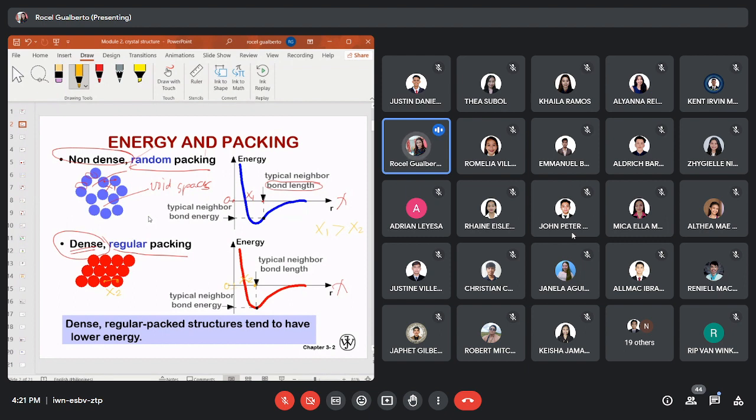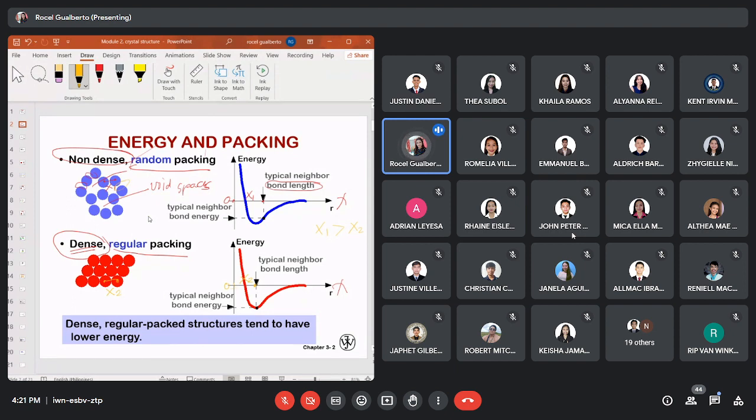Kasi nga po, in between po sa kanya, there are these void spaces. So kaya po, mas malaki yung bond length nitong random packing natin over this regular packing. Kasi ito, they are tangent with one another. So, wala talagang void space in between. Kaya, mas maliit yung value ng x2 compared doon sa x1.